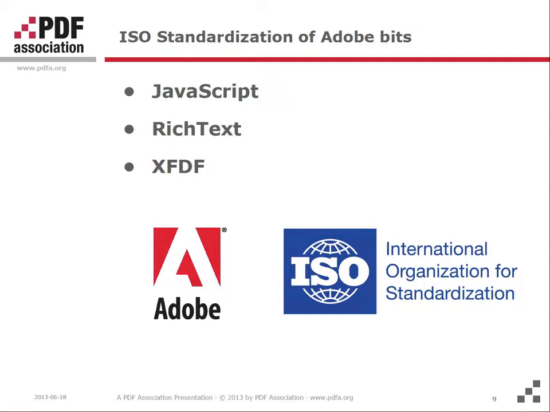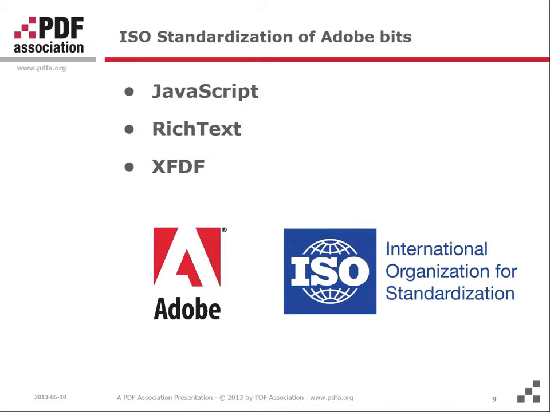But there are important parts of the PDF specification ecosystem that are not themselves ISO standard at this moment. For example, there's JavaScript, very important if you do interactive PDFs and interactive readers. The spec is open, it's not hidden, so you can implement something, but formally it's currently under control of Adobe.